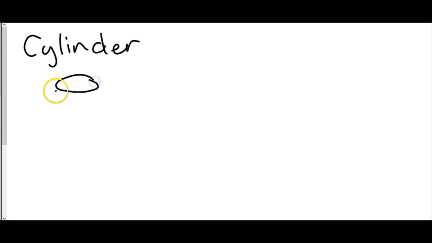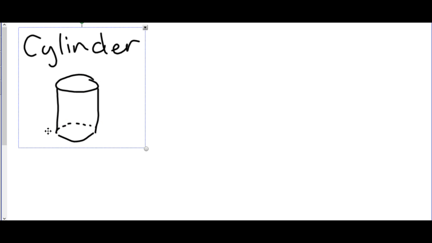Next we have a cylinder. That could be like a soda can, any shape that looks kind of like a cup. So our cylinder has a radius. Sorry, I don't know why that box keeps popping up. The radius is from the center of the circle to the outside, and then a height of how tall the can is.